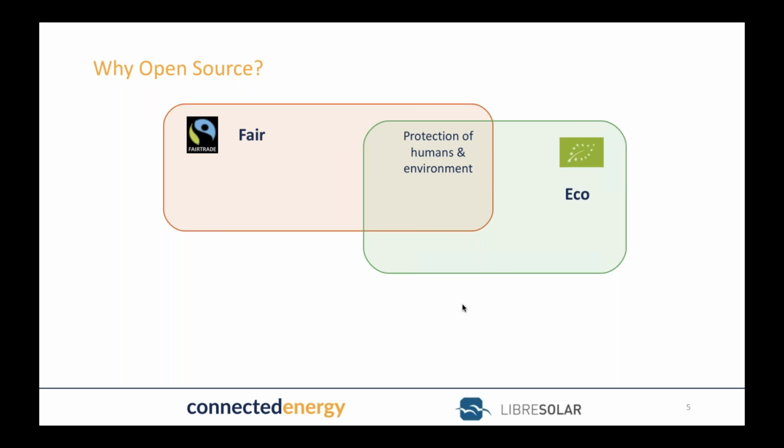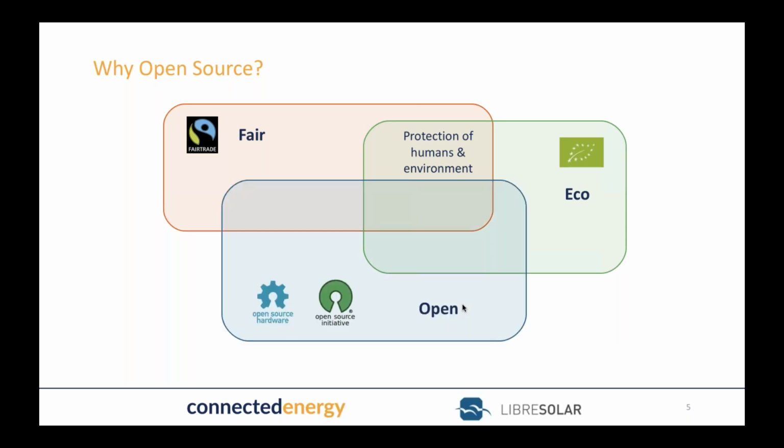But for technology, there is a third very important aspect for a good product, which is openness. We think that this is necessary, especially for technology serving basic needs like electricity. And that's why we think it's so important for the energy access sector.